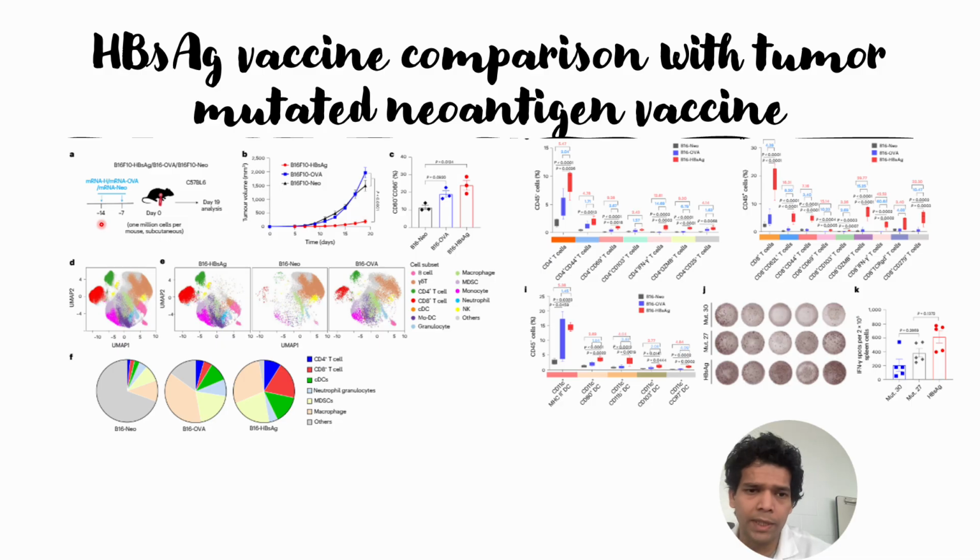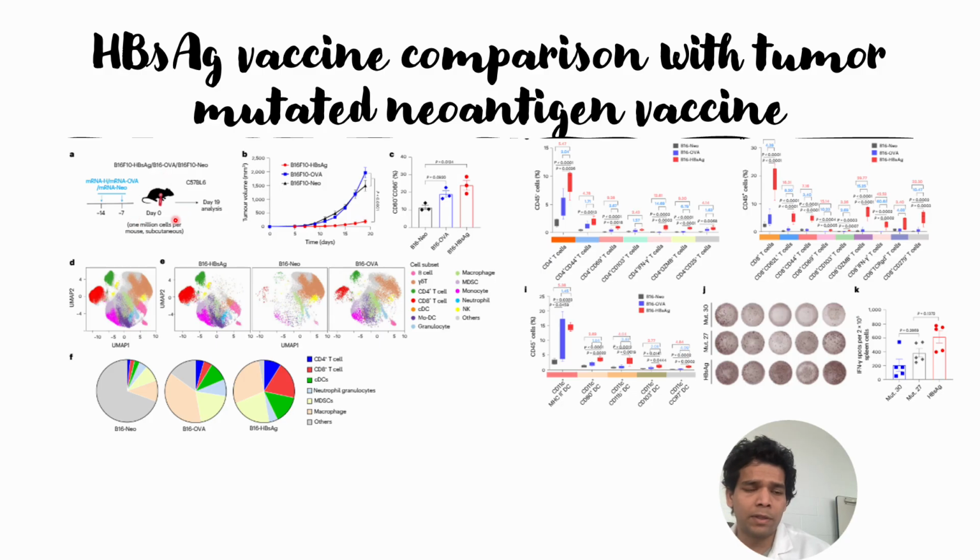How they did their experiment is they treated the mice with their respective vaccines, that is HBsAg vaccines and the tumor mutated neoantigen vaccines, 2 times with a gap of 7 days.